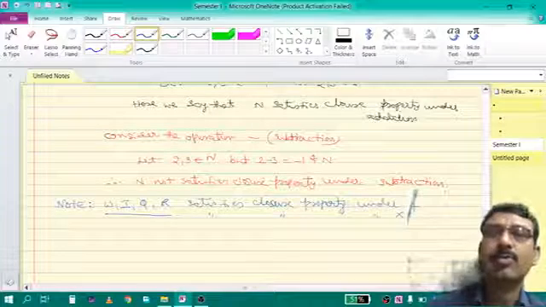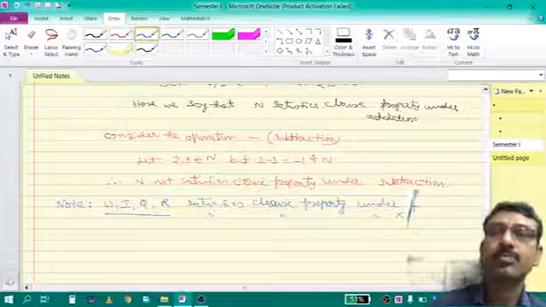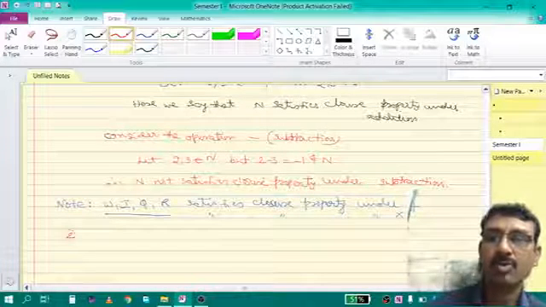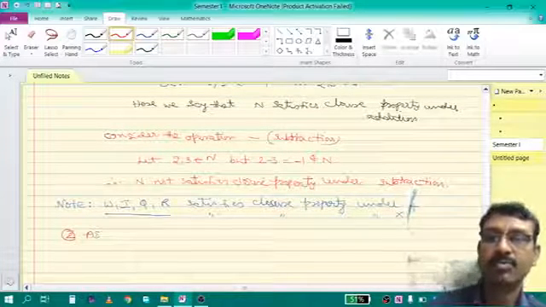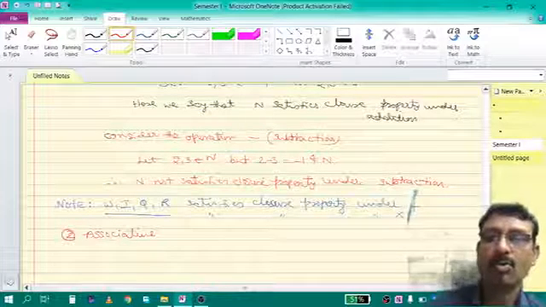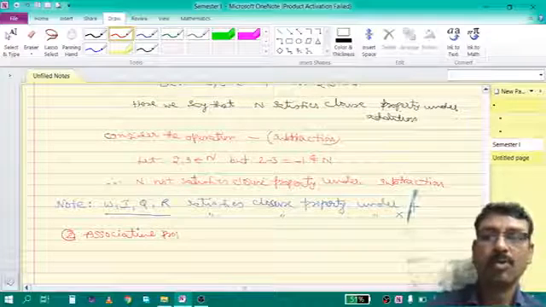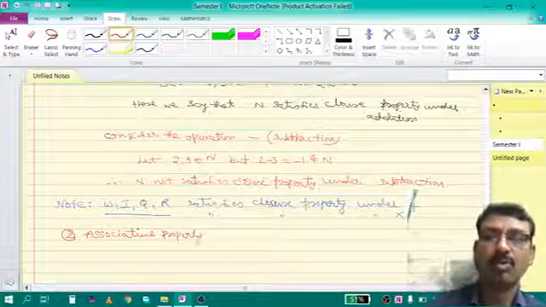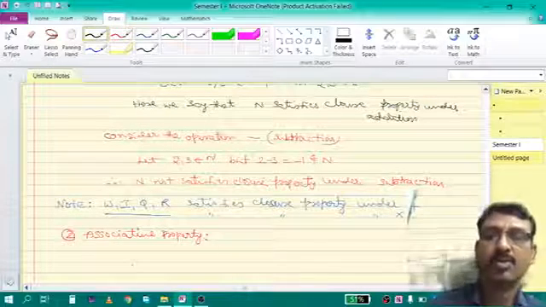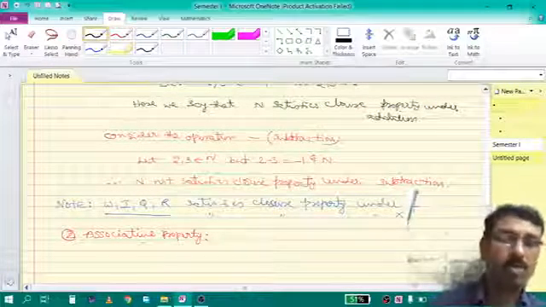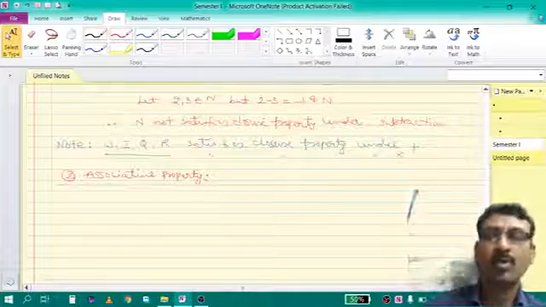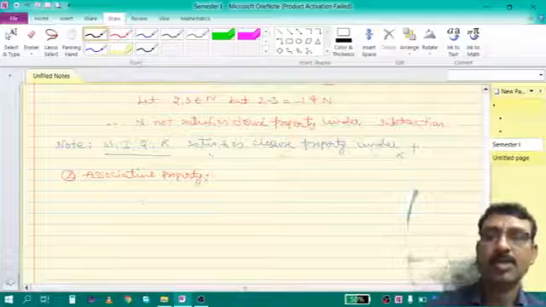So next we go to associative property. So now we discuss what is the associative property. To check associative property, we need three elements, at least three elements.